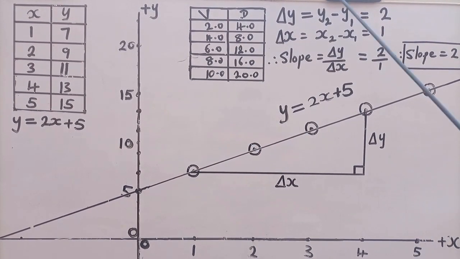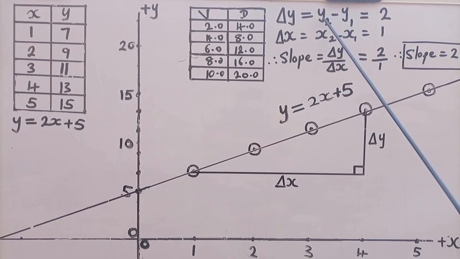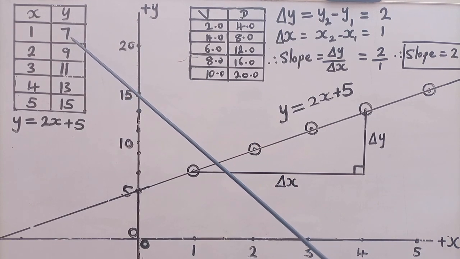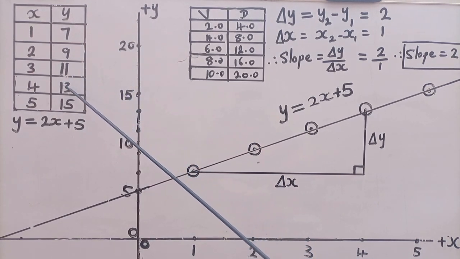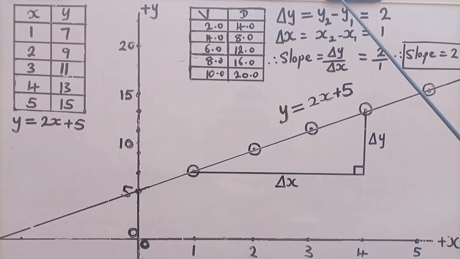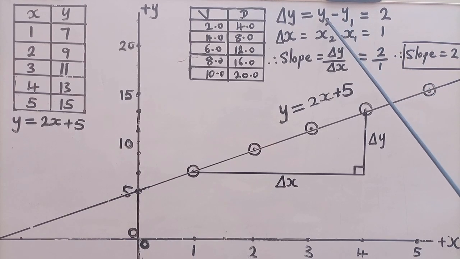From this table, we see that change in y is equal to y2 minus y1. It will be 9 minus 7. It could be 11 minus 9, 13 minus 11, or 15 minus 13. Any of them is what we refer to as y2 minus y1. In each case, the answer is equal to 2.